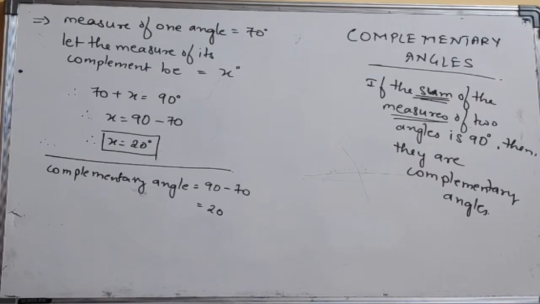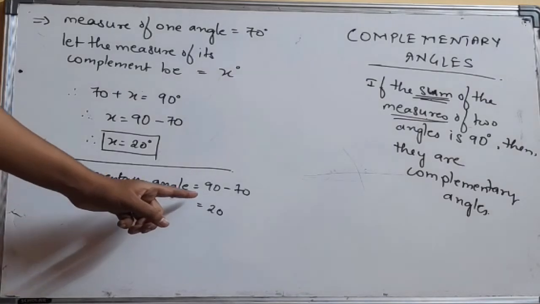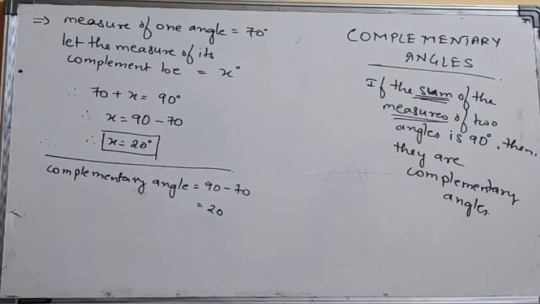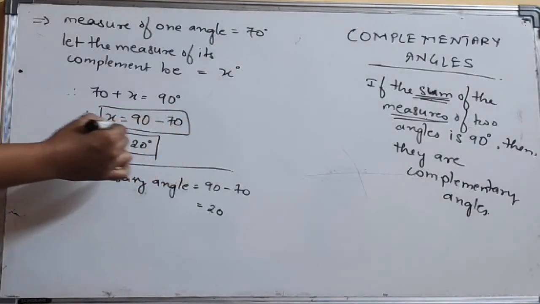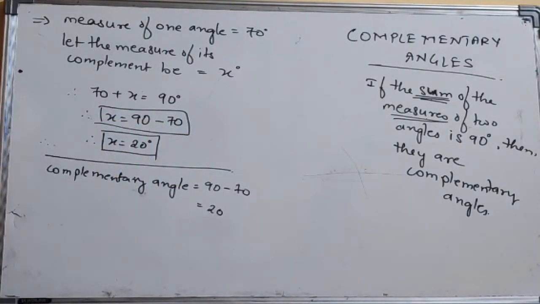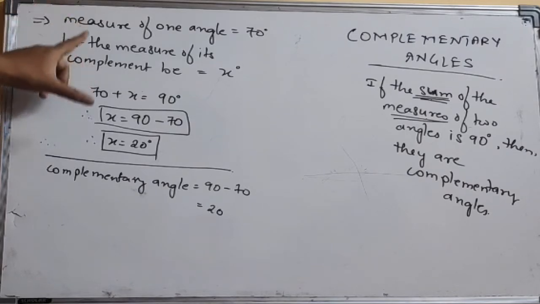Okay. Now, what does this method say? This method is a direct method. It says the complementary of the required angle will be 90 minus that angle. See, we have done the same thing over here. But if this question comes for 2 marks, you have to do a complete solution like this.